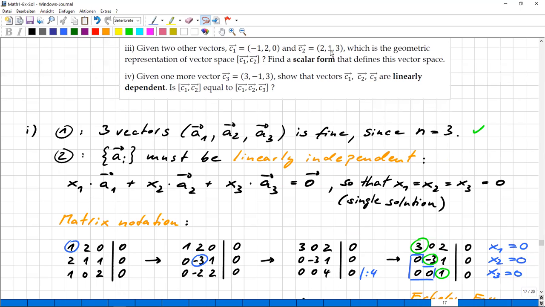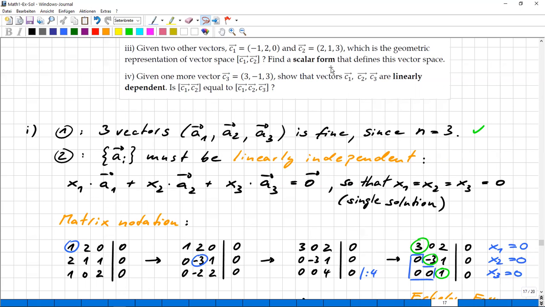And with two vectors, it's easy to see whether they are linearly independent, yes or no. And we see they are, because they obviously are not multiples of each other. So they show in different directions. They span a plane, and in the end, the question is, what is the set of all linear combinations of these two vectors? It's this plane, and this plane should be given in scalar form, just as a little training.